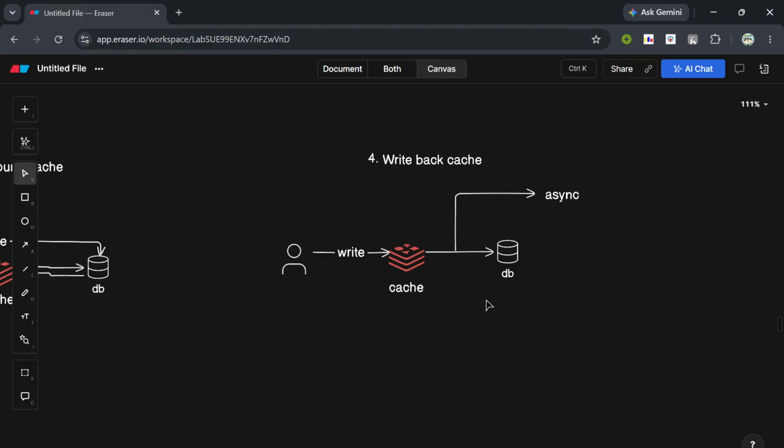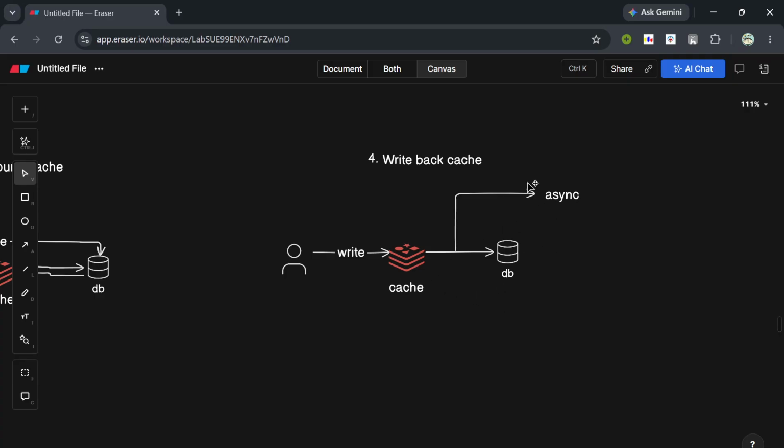Only then could we do the next write operation. If we had to do write operations very rigorously, that would not have been ideal for us, because it would have made us wait for the next write operation.